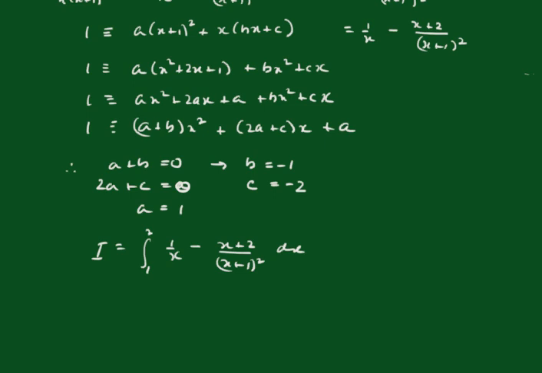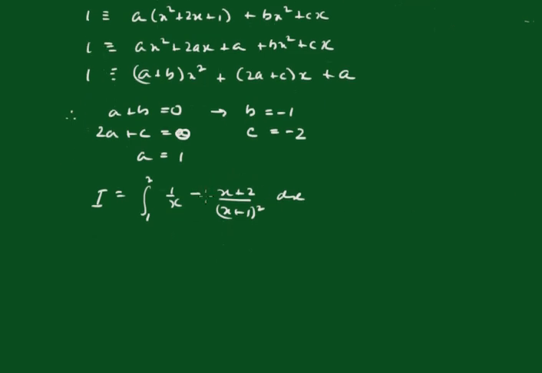And we're still not out of the woods because we've got this rather complicated thing here. So what I'll do here is I'll write that as minus (x plus 1 plus 1), and we'll put the (x plus 1) all squared underneath it.